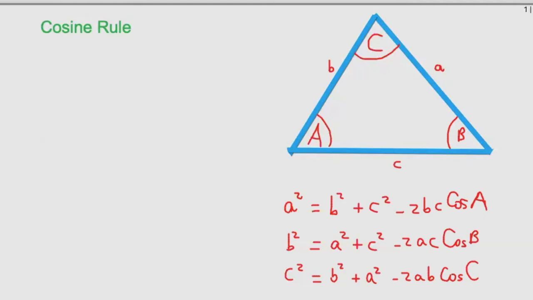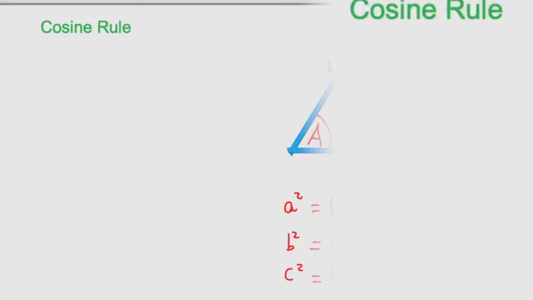So that's why we have capital C facing the side small c. Capital B faces side small b. And for capital A, which is the angle, the side facing it is small a.